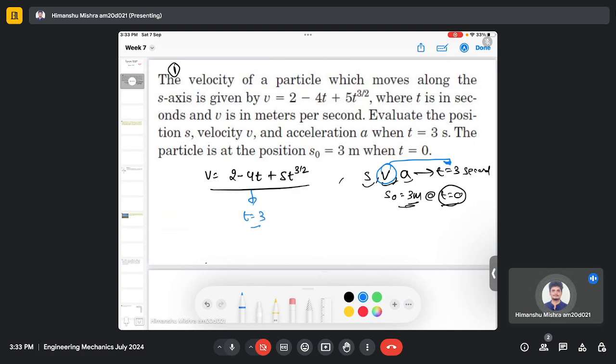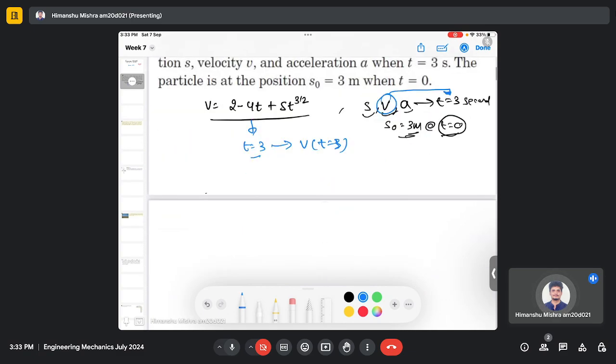Finding the velocity at a specific time is very easy. So the velocity at t equals 3 seconds will be 2 minus 4 multiplied by 3 plus 5 multiplied by 3 to the power 3 by 2.